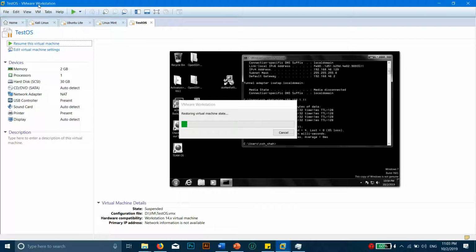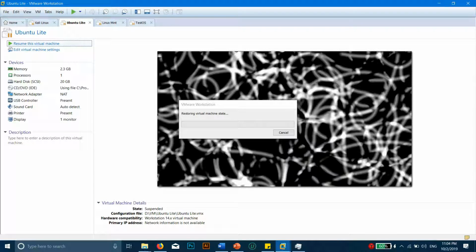So briefly, I'm going to explain to you about my network situation. First of all, I have four network devices and a monitor device in my VM.